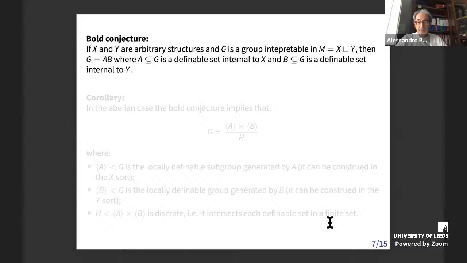And actually, more than that, not only generated, every element of the group is a product of an element of the first set and an element of the second set. I don't know if this is too bold. X and Y are just arbitrary structures, so this is model theory, not even tame model theory. It's just model theory.